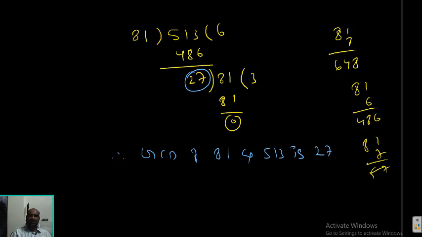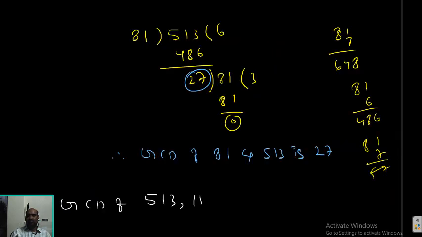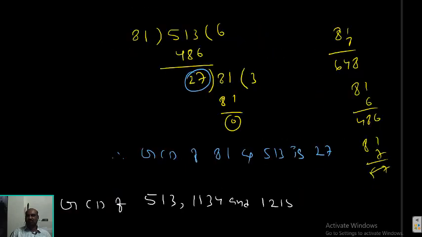Final conclusion: the GCD of 513, 1134 and 1215 is 27.